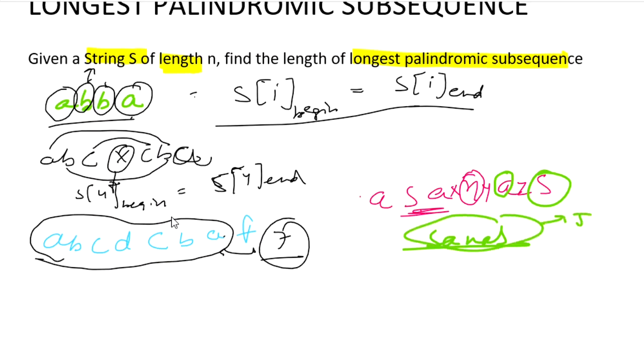Note that in place of A you can also use Y. So this is also a palindrome of length 5. So we have to find the length of longest palindrome.